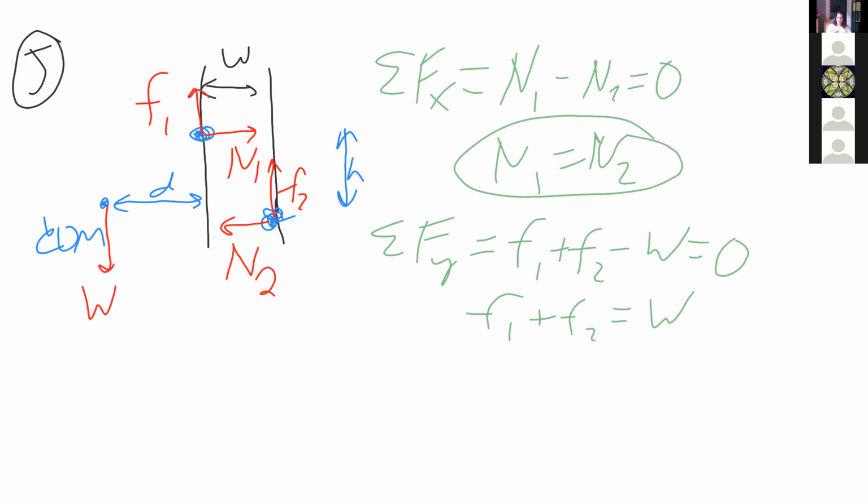So once we solve for them, that will be the answer to part A, and then we can solve for H as well for part B. But we have only these two relationships, which is clearly not enough to finish the problem. So the last thing we're going to need to do is sum the torques. And unfortunately, this is the first problem we're doing where we are summing up the torques.